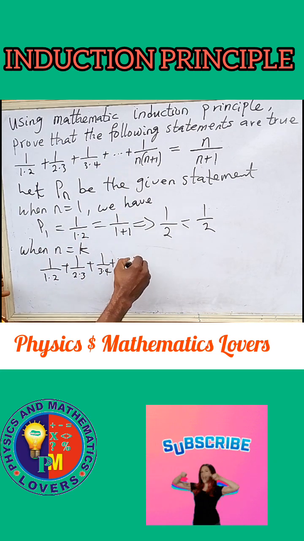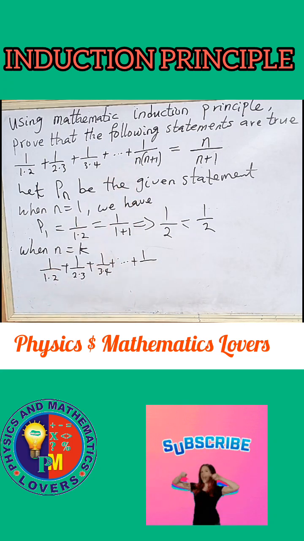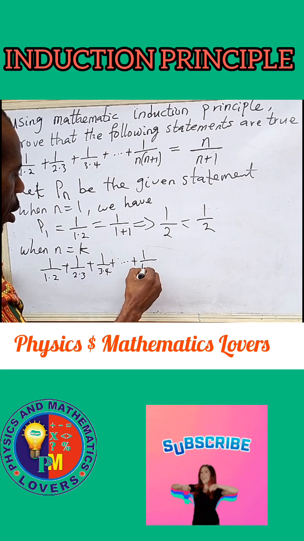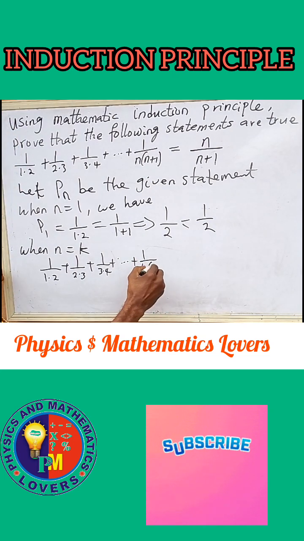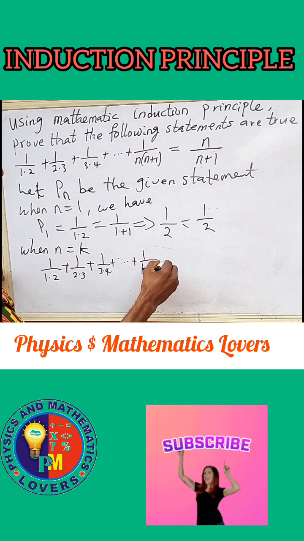Then here, plus the case where we put 1 over, in place of n, we said that when n is equal to k, so you put k in. Inside here we still have an n, which means k times k plus 1.